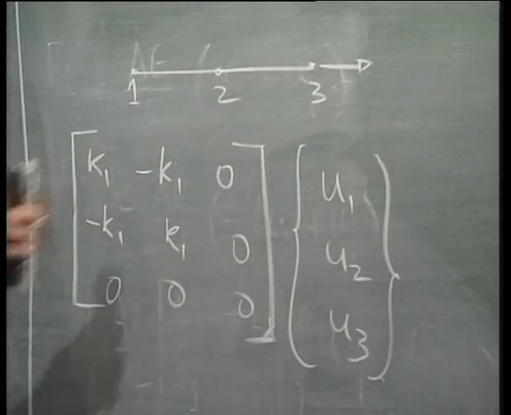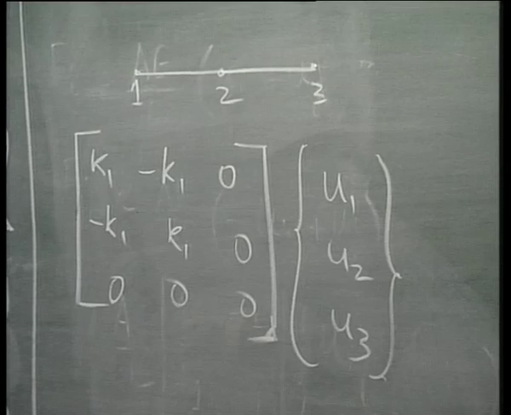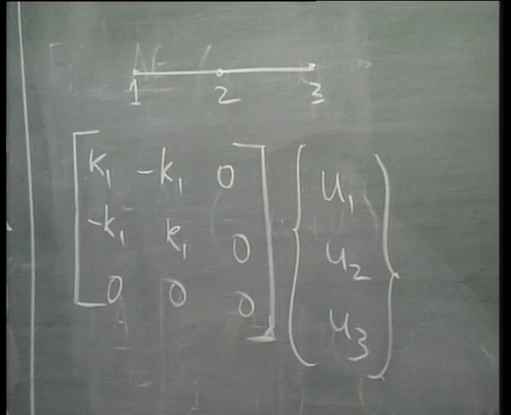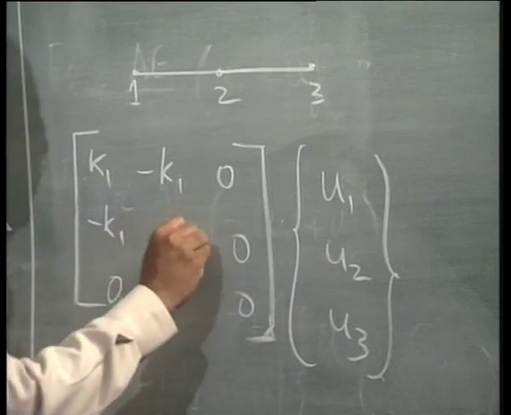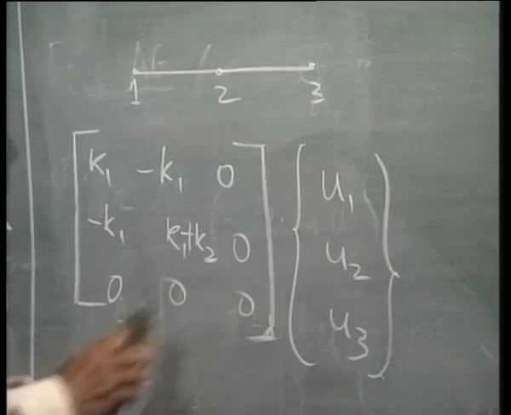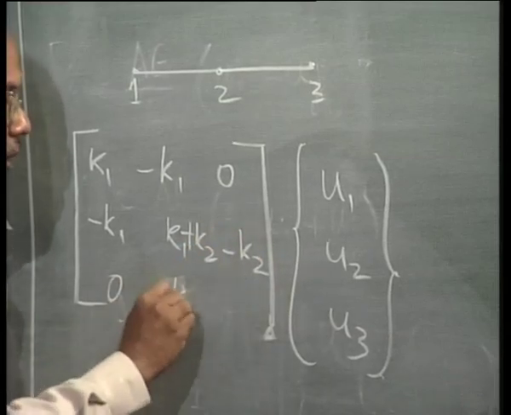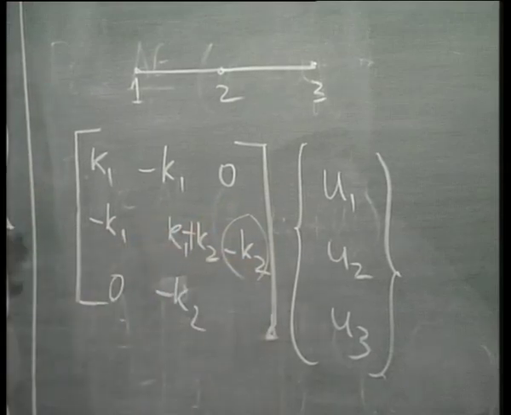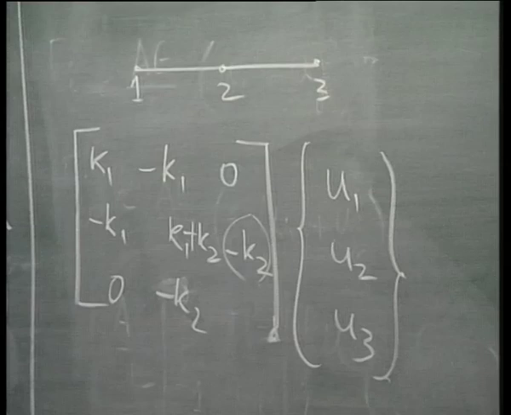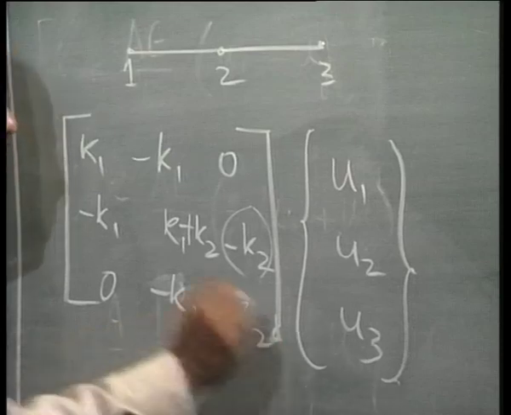Let us not worry about that right now, but the process is quite clear, and hence some of the zeros are now going to be replaced by the stiffness we are giving by introducing the next element, which means that I will have K2 coming to the aid of the first element. So K1 plus K2, minus K2, minus K2. Please note that this is the last term in the matrix, that is in the second row, and 2, 3 and K2.